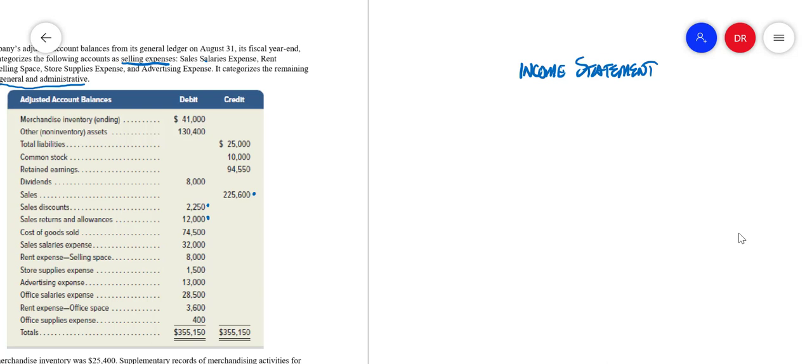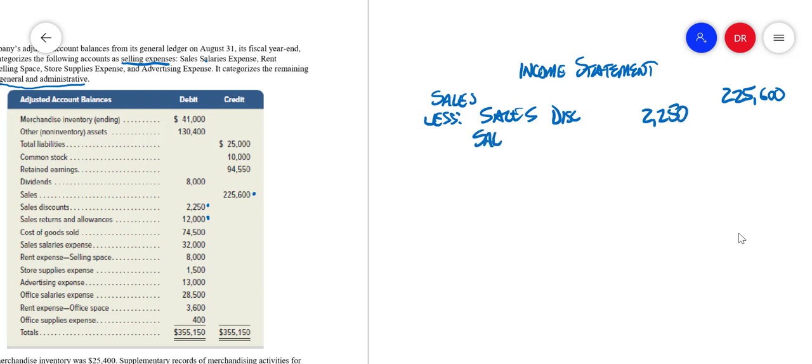The beginning thing that we're going to have here is sales, which is 225,600, less sales discounts, which is 2,250, and then sales returns and allowances.